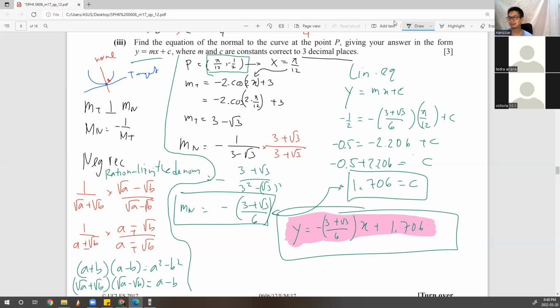This is the key part. What are you finding? The M and the C. After that, just simply put the M here. I double highlight this and the C. That's the linear equation.